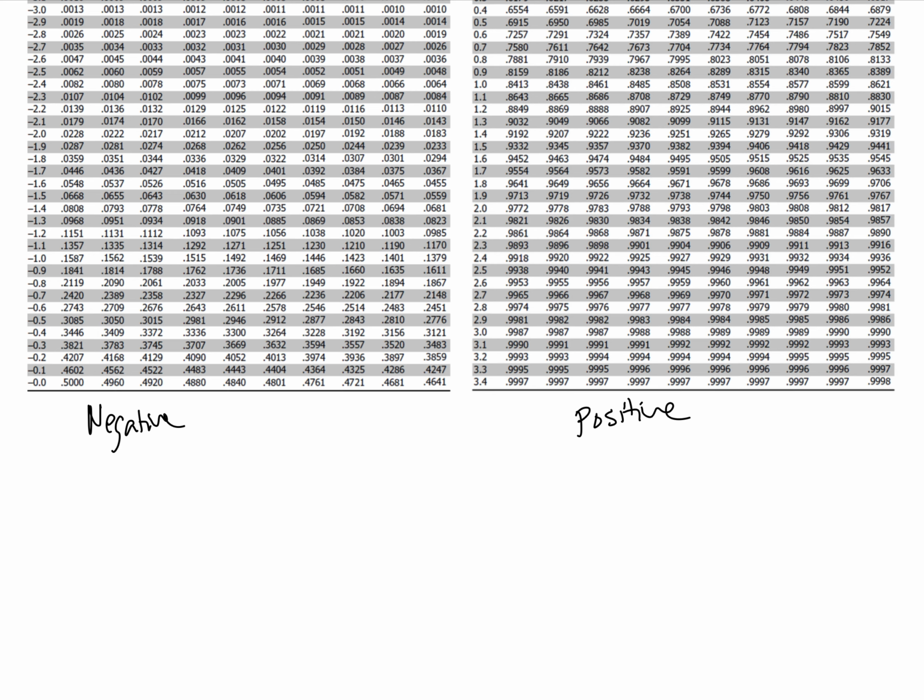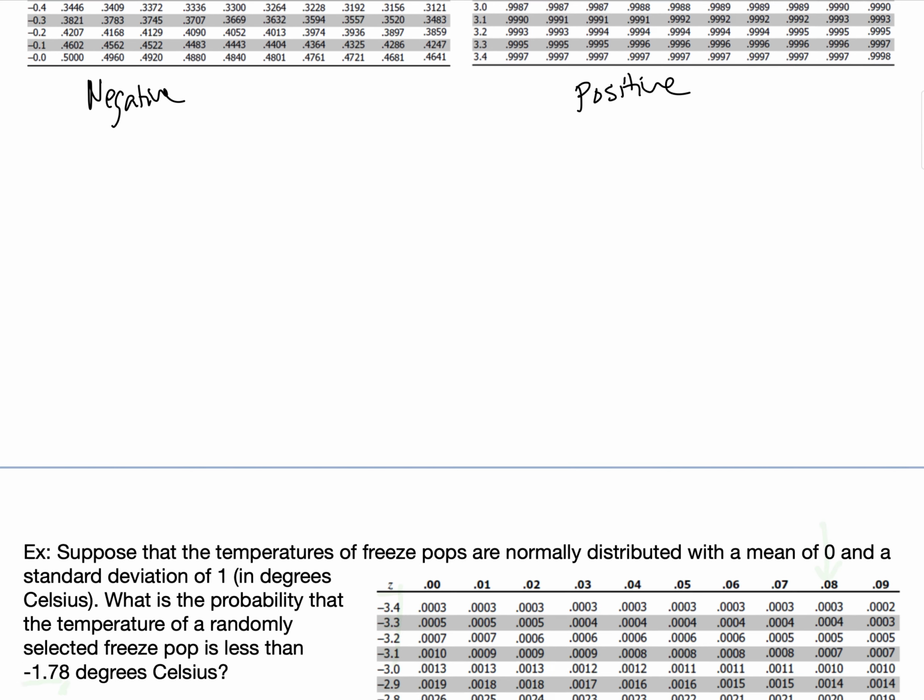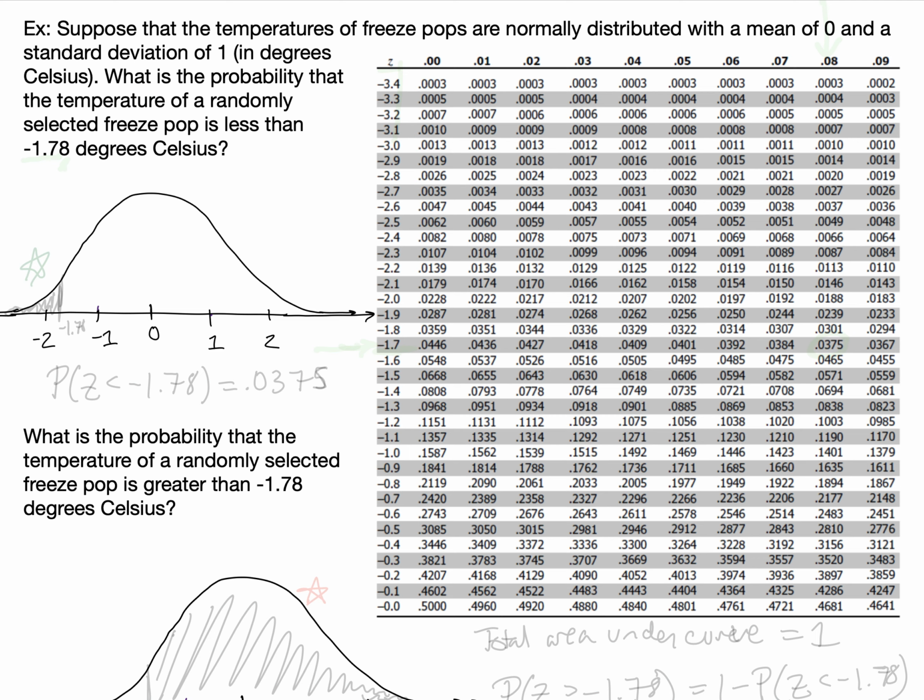So let's use the table to find the probability that this freeze pop is less than negative 1.78 degrees Celsius in temperature. This z-score has the first two digits in the column and the last decimal place in the row. So the negative 1.7 we'll find in the column. Here is negative 1.7, so there's that value. And then the second decimal place is an 0.08, so we're in this column and in this row.